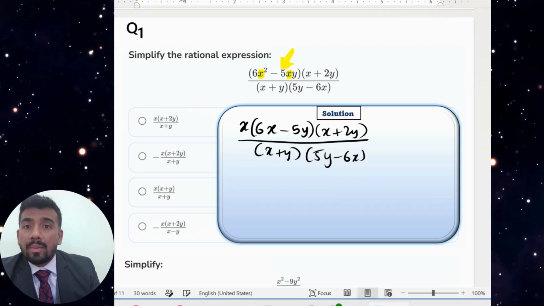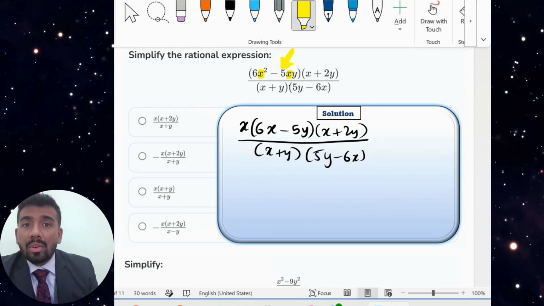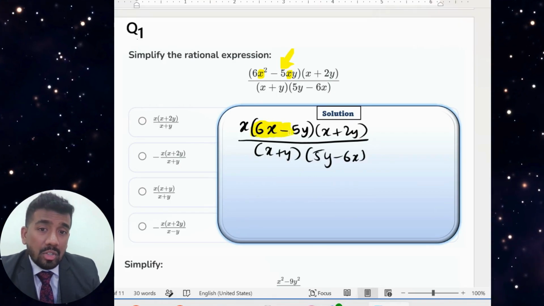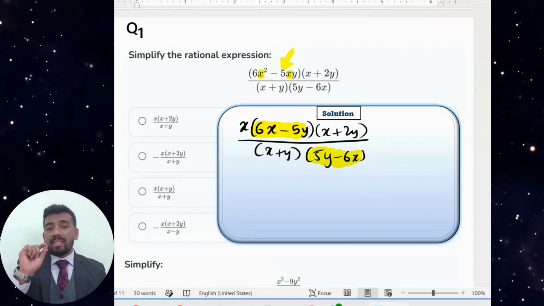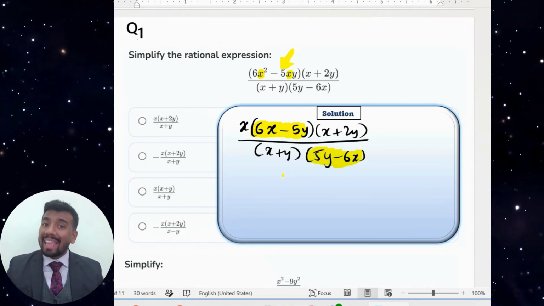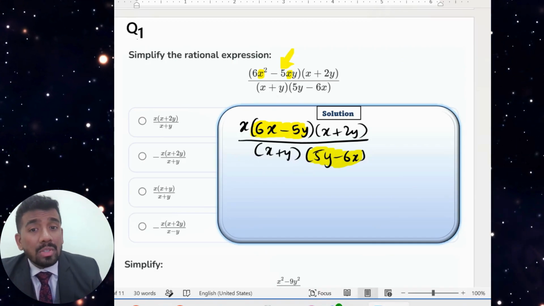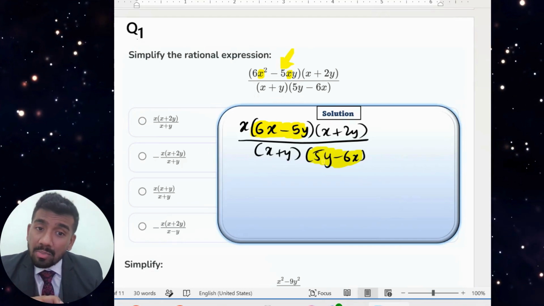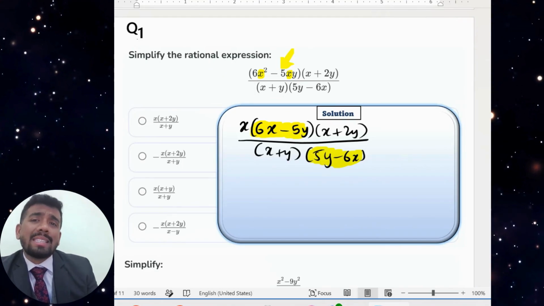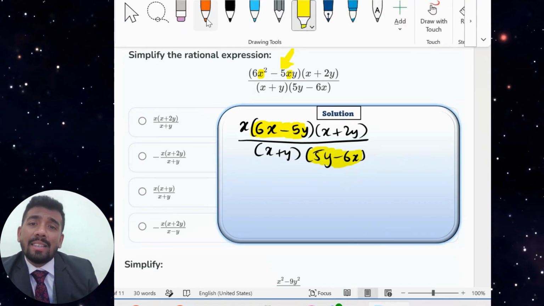What can you see? Something up and something down. It looks similar, but it is not the same. One minor difference is there. What is that difference? Negative. You see the 6x is positive here, but here it is negative. 5y is negative here, but 5y is positive there. So how can we make it the same? Easy.